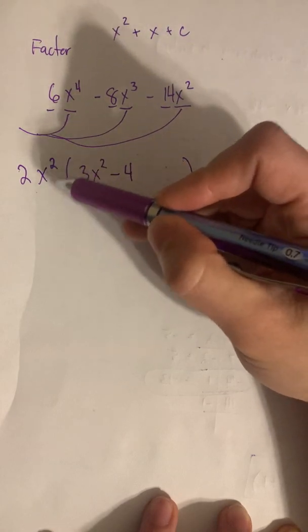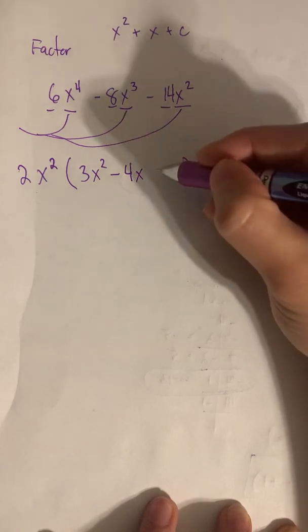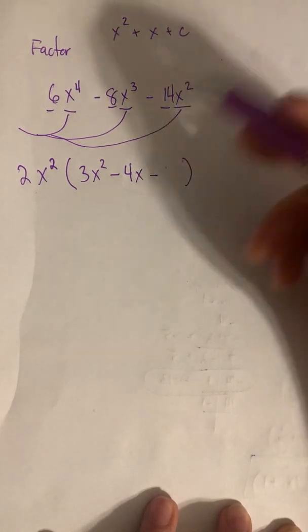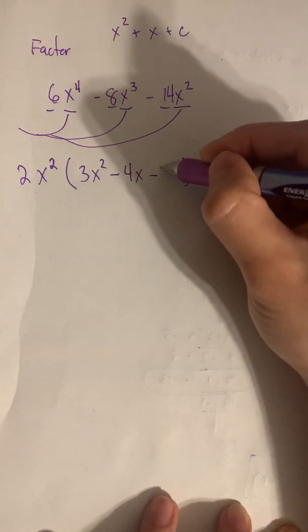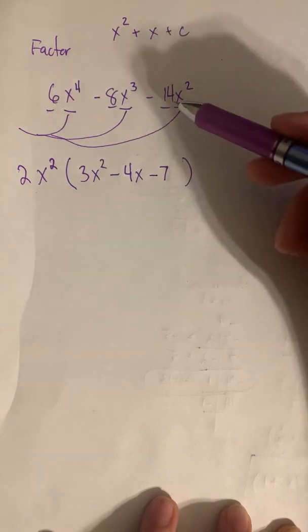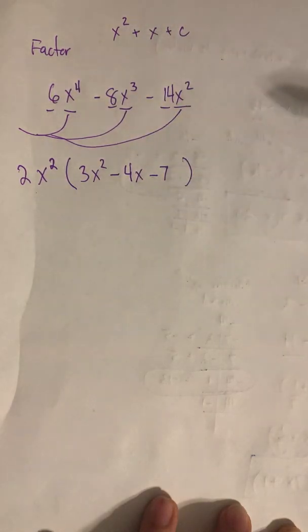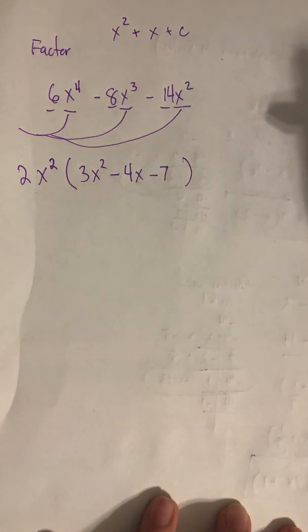If I take out 2 x's from 3 x's, I'll have just 1 x. Bring down the minus sign. If I took out a factor of 2 from 14, I'm left with a factor of 7. If I took out 2 x's from 2 x's, I'll have no x's. So this is what it should look like after you factor out something from each one of these.